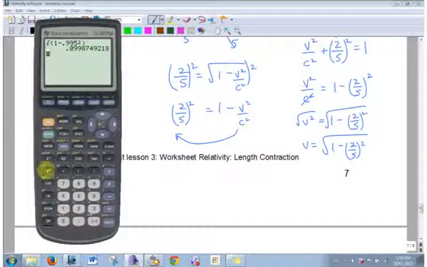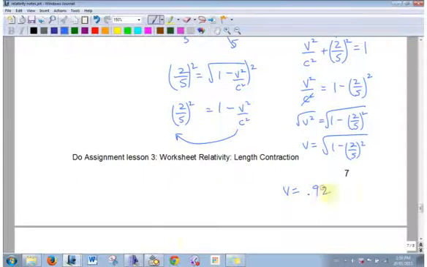The square root of 1 minus bracket 2 divided by 5, which is 0.4, squared. That's 0.92 c. 92% of the speed of light. Okay?